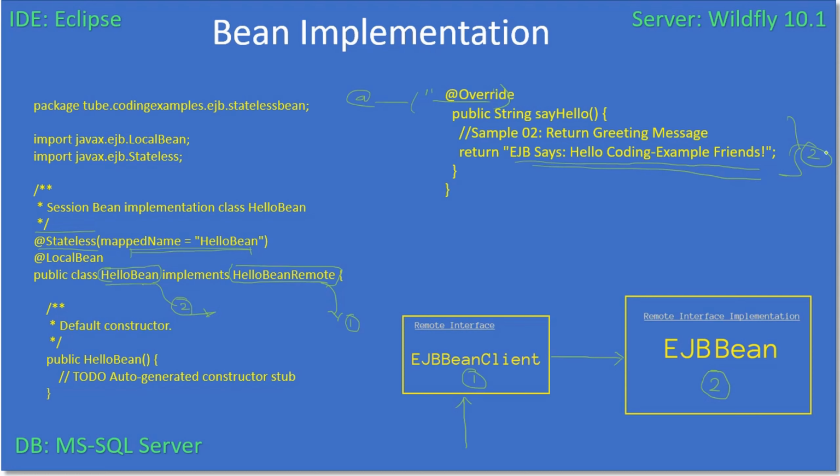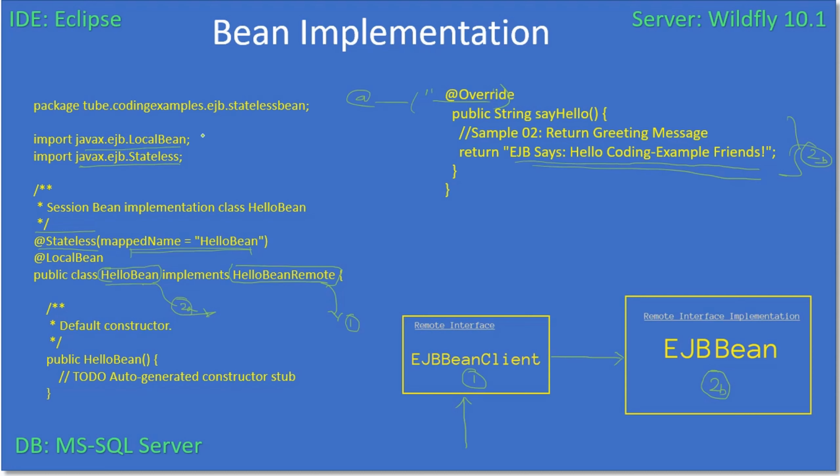This is the class, and which implements 2A, 2B. So we will invoke 2B here. And if you see here, stateless and local bean.